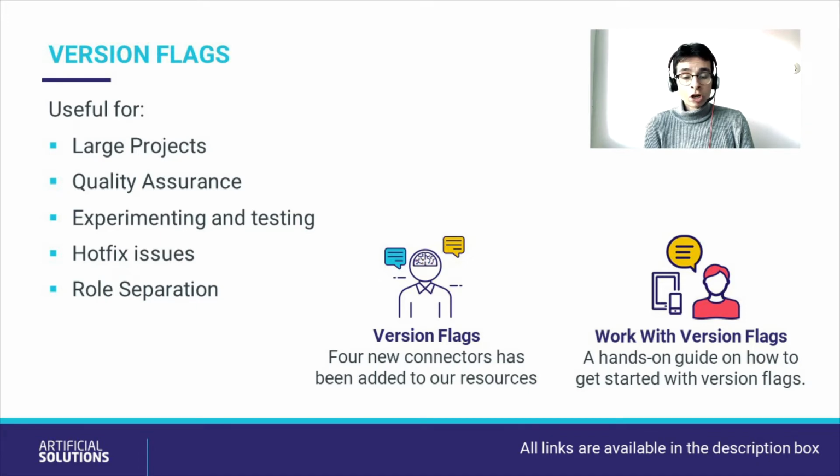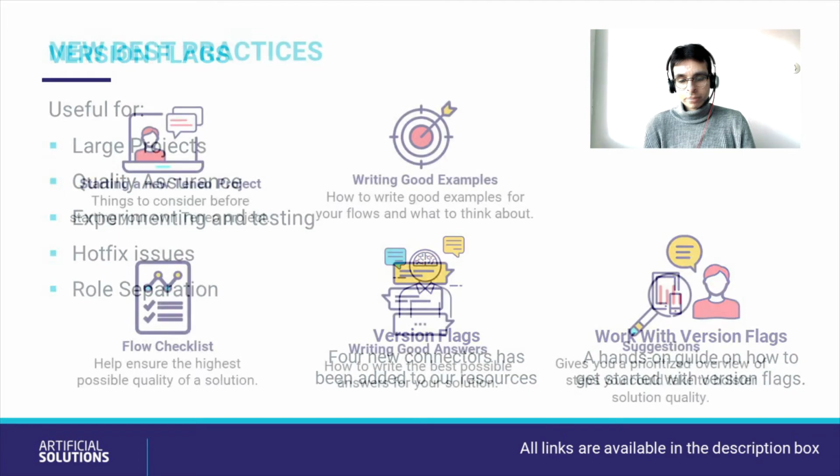It's also good at hotfix issues, but also good at role separation, where you can, as a team, decide, for example, that things that are set into version flags and into stable mode are divided into this group of employees, and the other ones are divided into different type of employees.